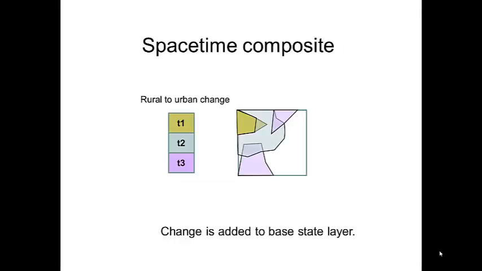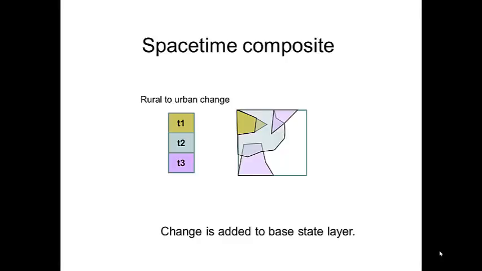The alternative is called the space-time composite model. So again, we're doing exactly the same domain problem, where we've got a change from rural to urban. In this case, the colours represent the times at which a change occurred.